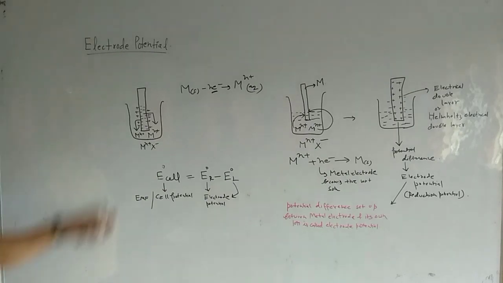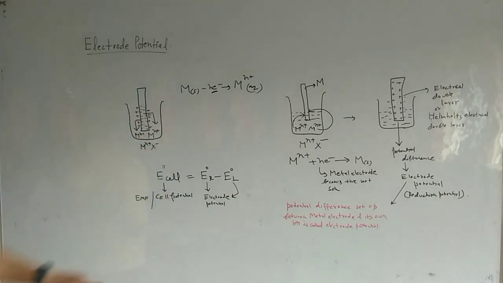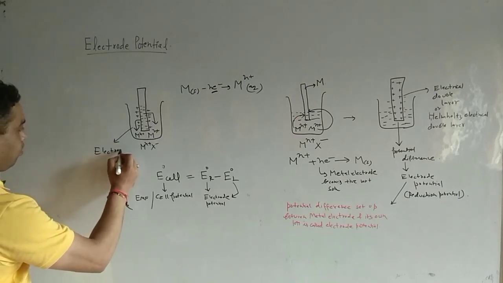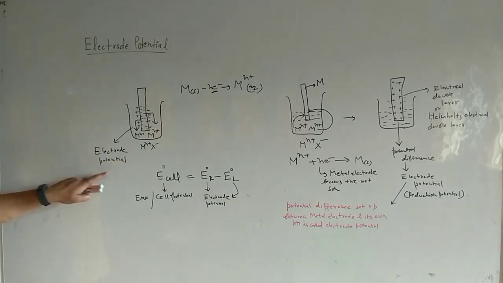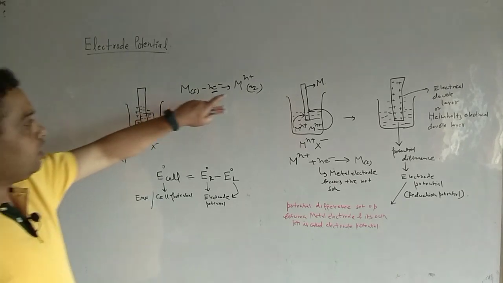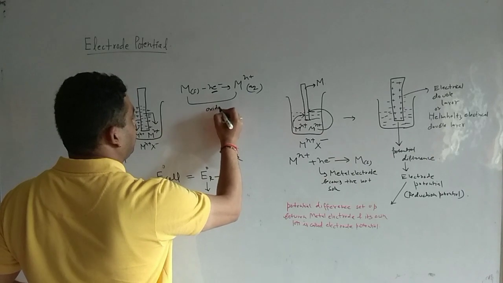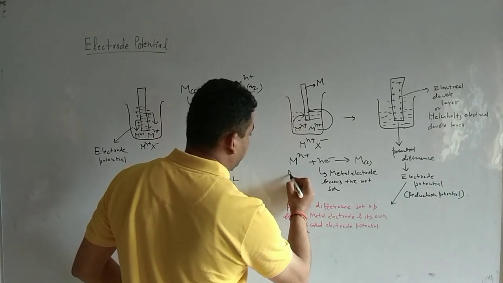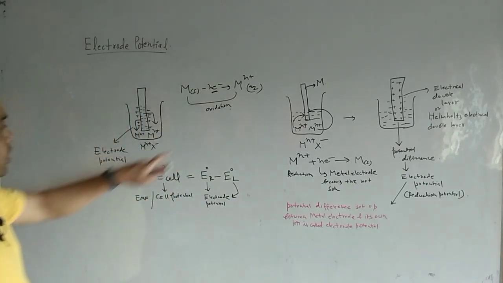Again, an electrical double layer is set up. The Helmholtz double layer is set up, and when it is set up, there is a generation of electrode potential. Since the reaction responsible for this electrode potential is oxidation, you can write it as oxidation, and the previous one as reduction.